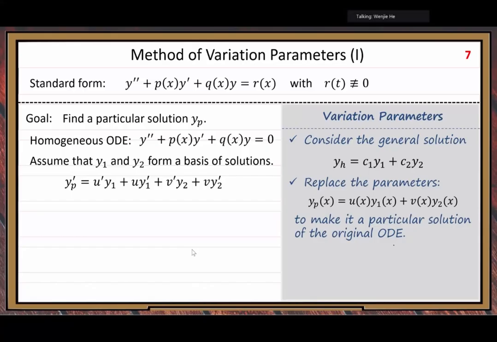This time we need to do some hard work. When you take the derivative yp prime, there are 4 terms by the product rule. Product rule on the first term in yp gives 2 terms, and product rule on the second term of yp gives another 2 terms. In total you have 4 terms. That's quite a lot, hard to control.